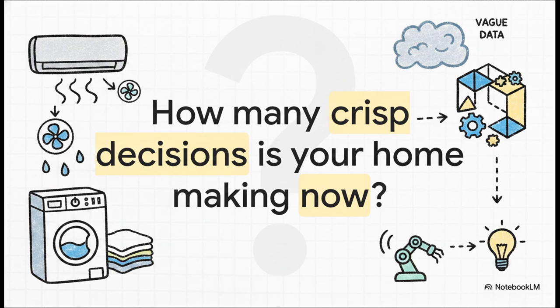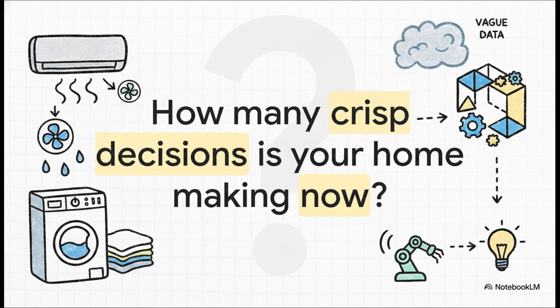Which brings us to a really fascinating thought I want to leave you with today. We've just walked through some seriously complex mathematics, right? Translating fuzzy human concepts into the strict, crisp reality of stepper motors and control signals. But remember, this isn't just some abstract theory. This is happening all around you, literally right now.